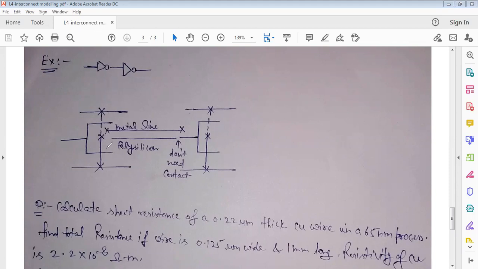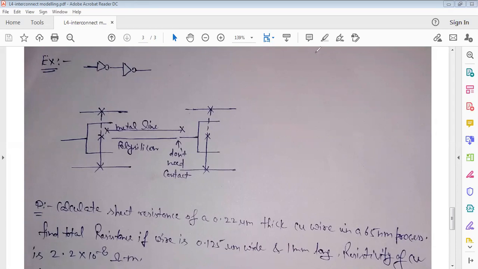There are two ways to connect the output of one to the input of another. One method is that we can use metal lines. So one metal line we can draw, and we can connect it here and here. Another approach is we can also use a polysilicon line.